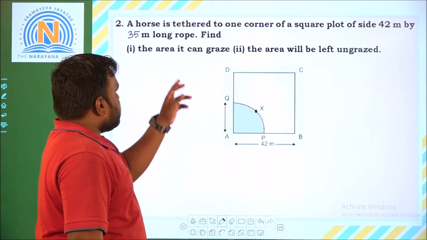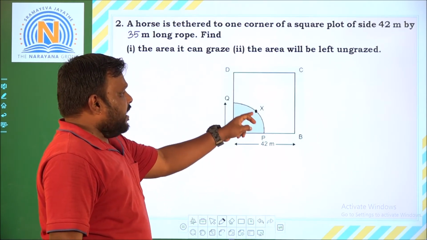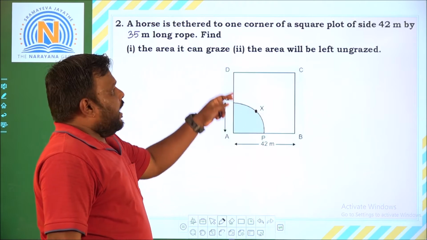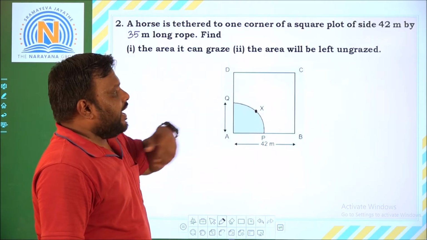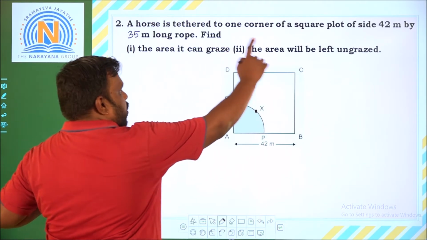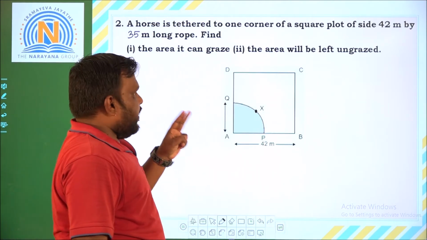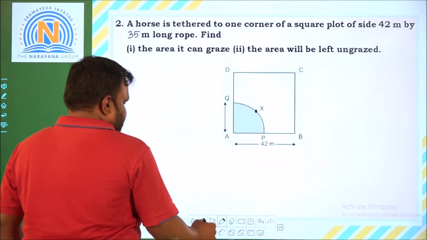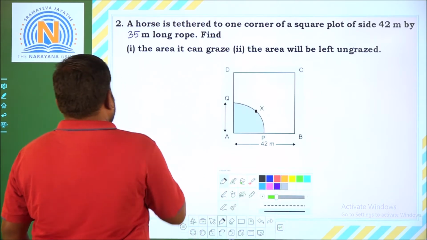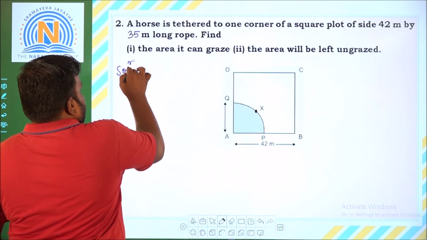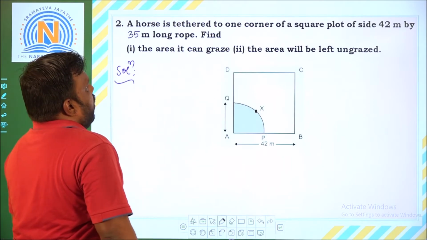That means to find out the area it can graze, I have to find out the area of the sector. And to find out the area which is left ungrazed, it is the area of the square minus the area of the sector. These two things I have to do right now. So first case, the horse is tied here.